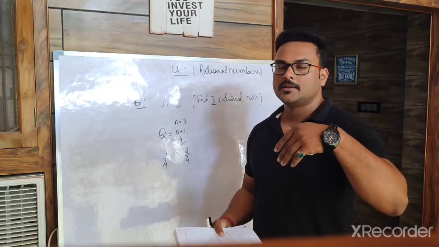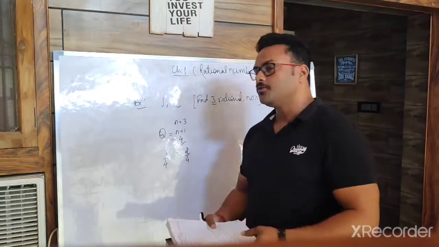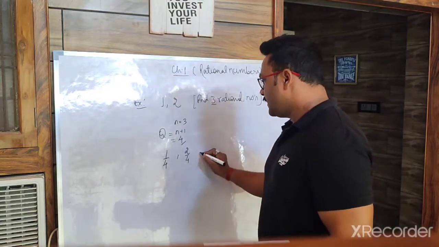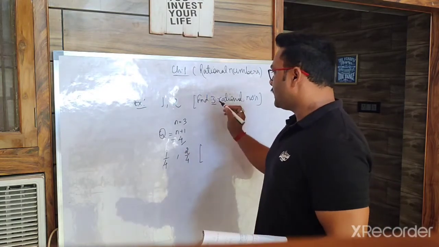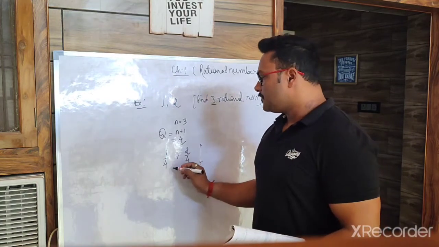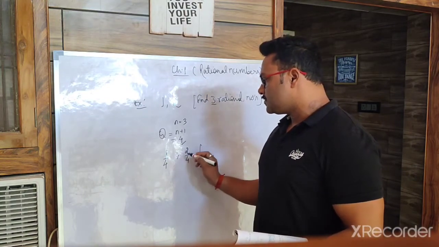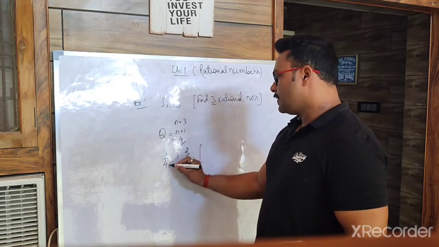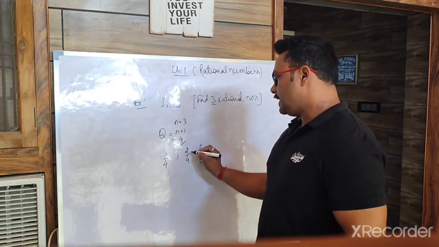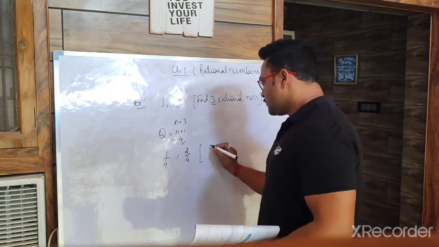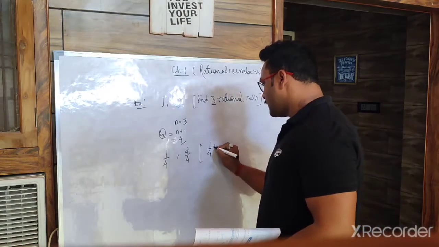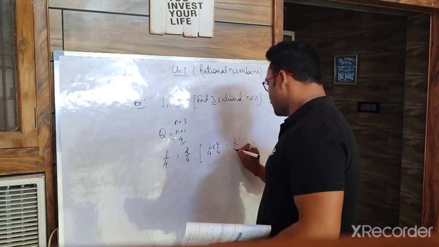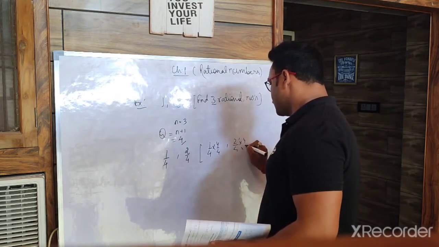As many rational numbers as you want to find, accordingly you have to think and multiply up and down. Here we have to find three rational numbers. So by which number should we multiply these two? Let us multiply 1 by 4 into 4 and 2 by 4 into 4 to make them equivalent.